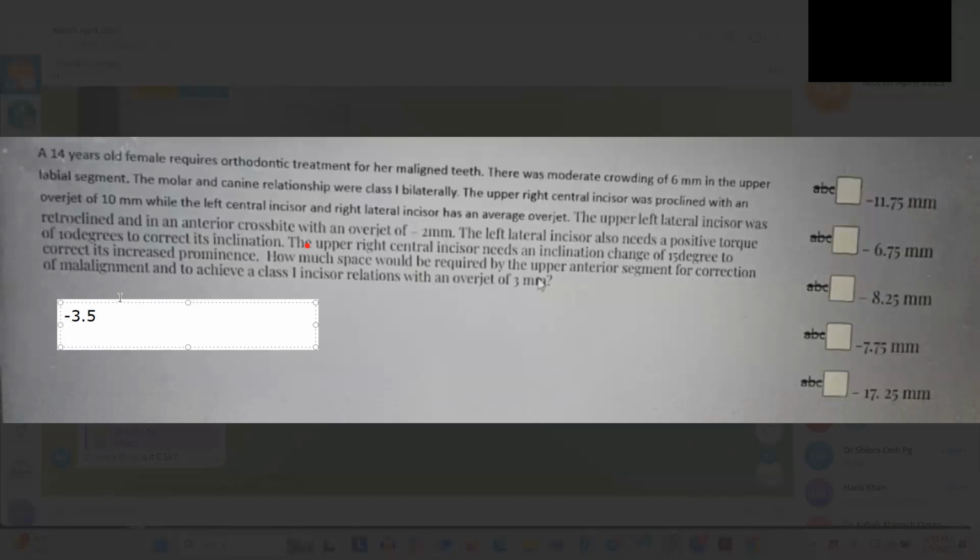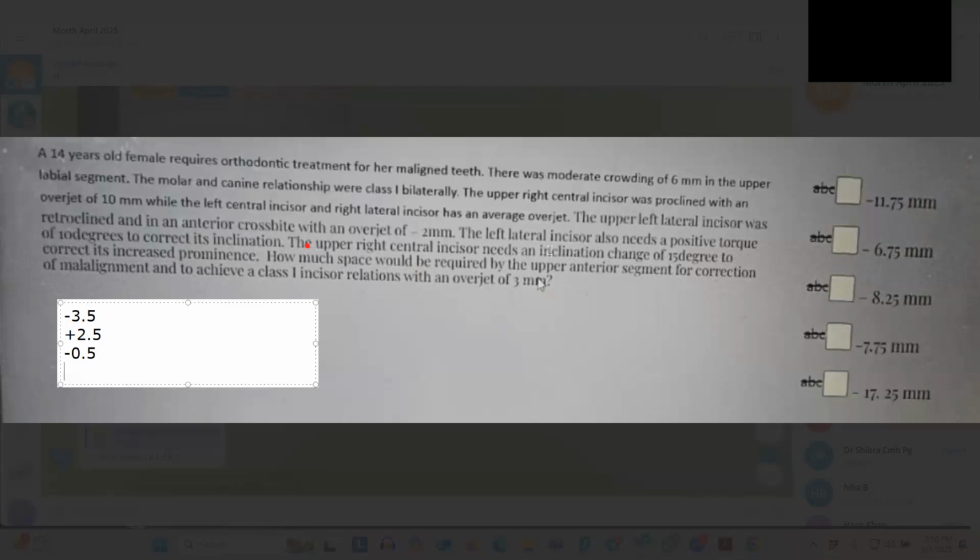That is plus 2.5, right? Then I have to correct the torque that is minus 0.5. I have to give positive torque. So if I do this equation, that is now minus 1.5, because minus 3.5, minus 0.5 is minus 4, and then you minus that 0.5 from it, it's minus 1.5, right?